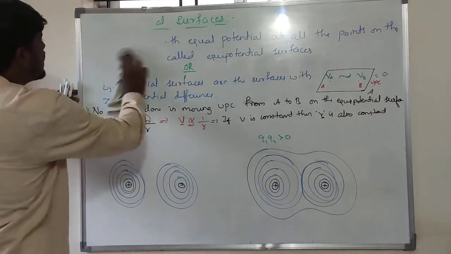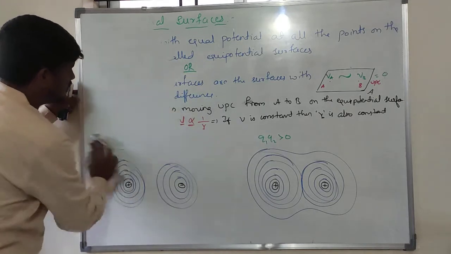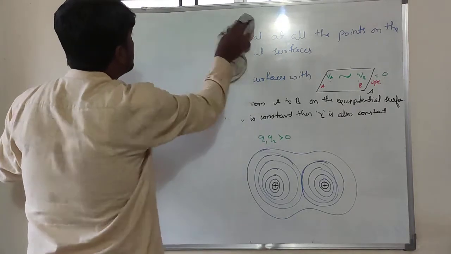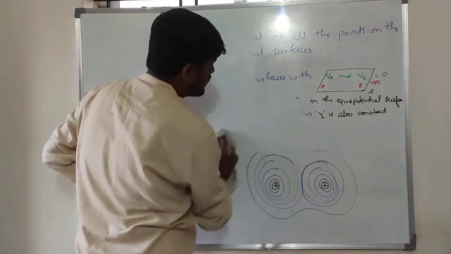Next, using this concept of equipotential surface, friends, we are going to derive a very important derivation that connects the electric potential with the electric field.